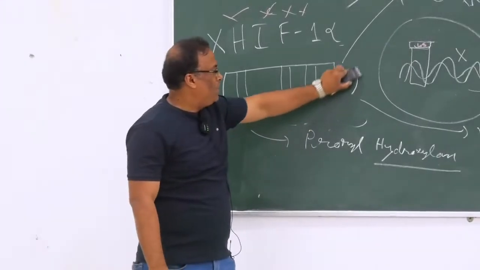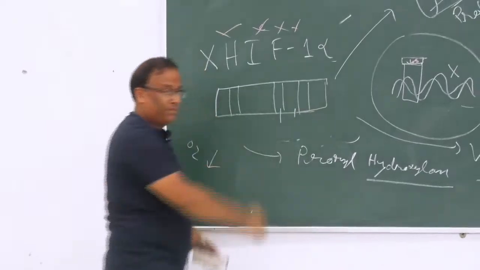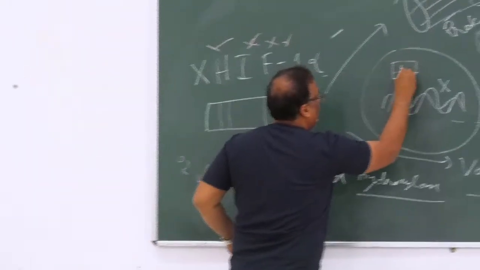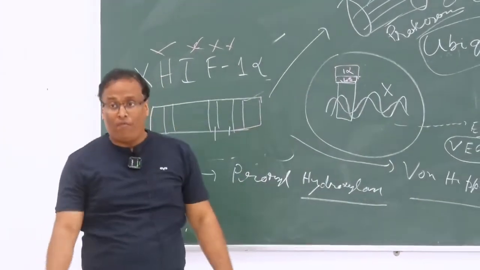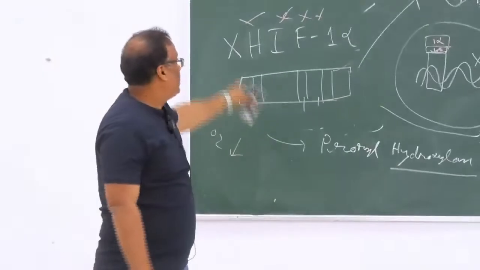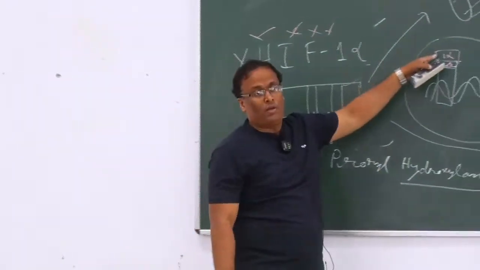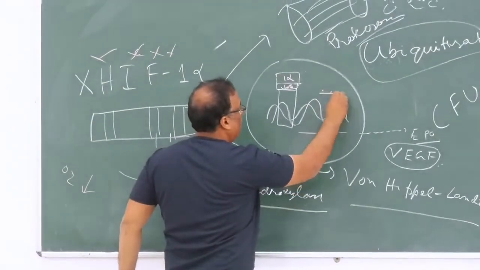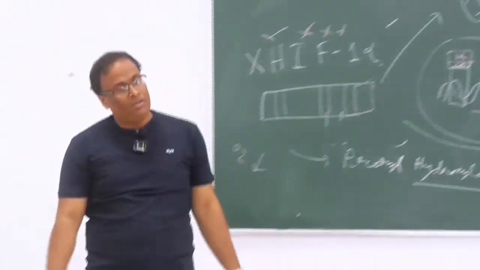There is no question about ubiquitination. So it will remain the same. Then 1 alpha will attach here with 1 beta. There is a subunit HIF1A, the subunit 1 alpha and 1 beta. So this will connect to the promoter region, and then only the transcription process will go on. Then translation, then protein synthesis will occur, right?